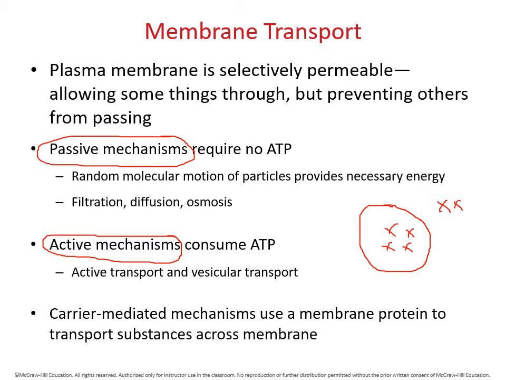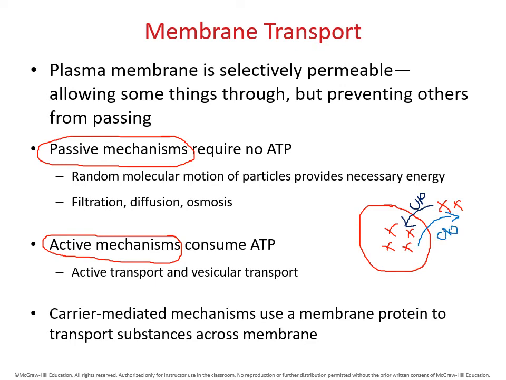This concentration gradient will then allow us to move either two ways. We can move from low to high, which means that we're going to move up the concentration gradient, or we can move from high to low, which means we're going down the concentration gradient.